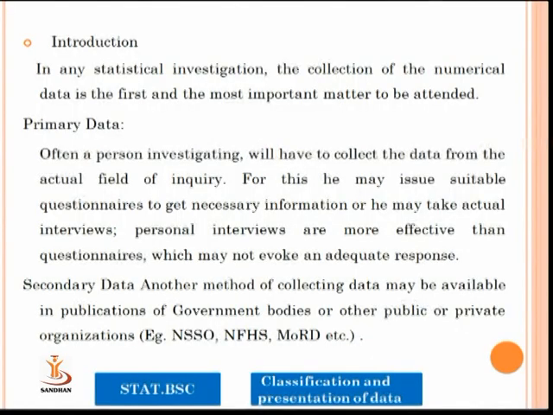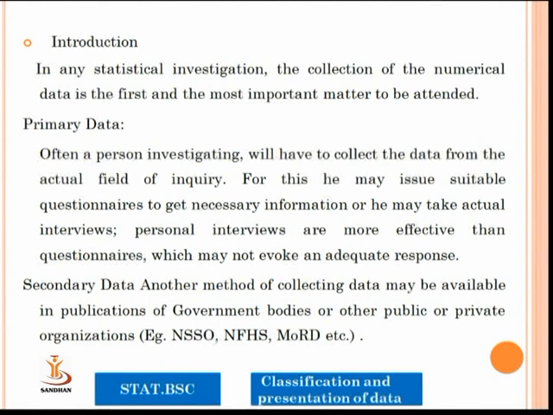If we move ahead and try to understand another definitions which are also important before understanding the classification, the introductory part is the primary and secondary data. In any statistical investigation, the collection of the numerical data is the first and most important matter to be attended. That is the primary data.